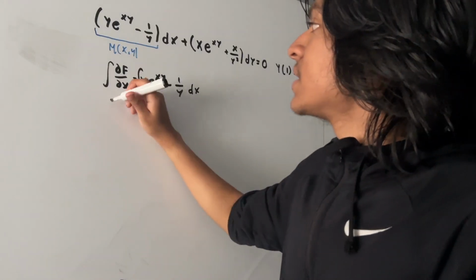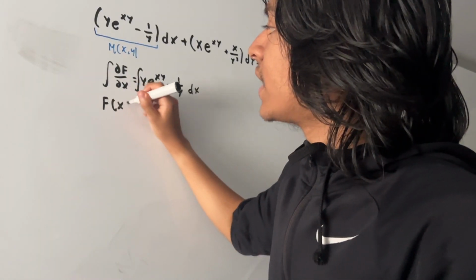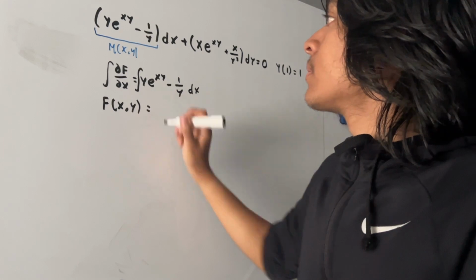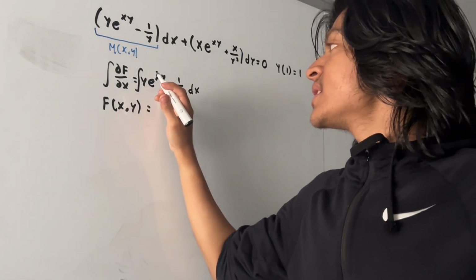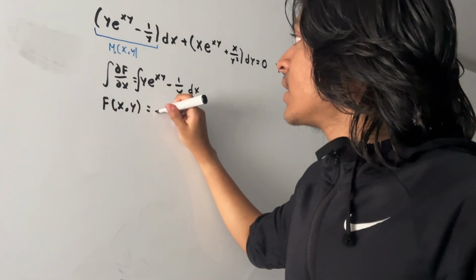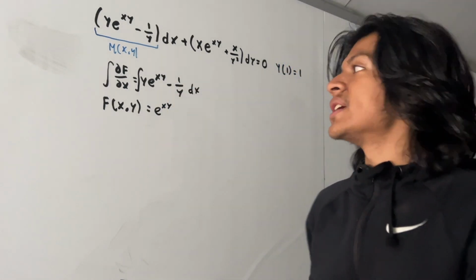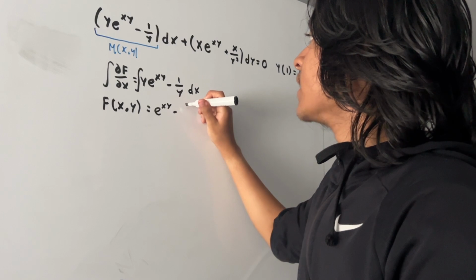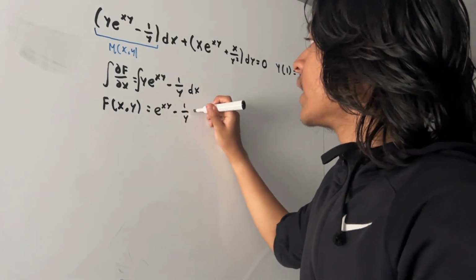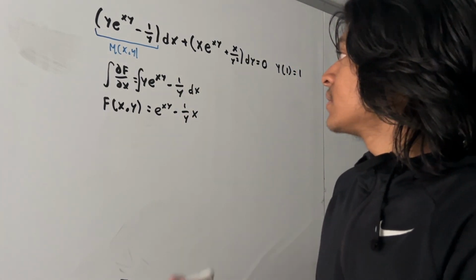So that will give us the function of x and y. When we integrate this, we're going to be left with e to the xy. And this 1 over y is just treated as a constant. So we have minus 1 over y of x.